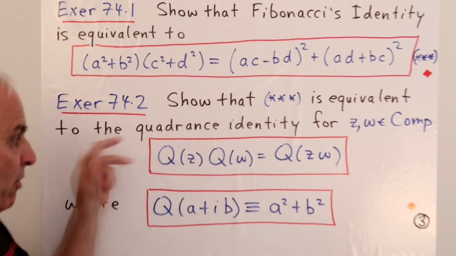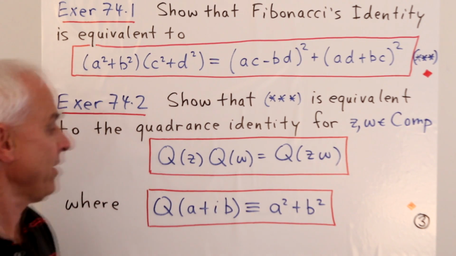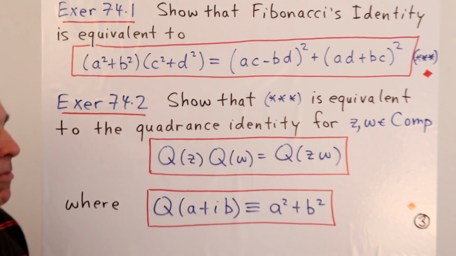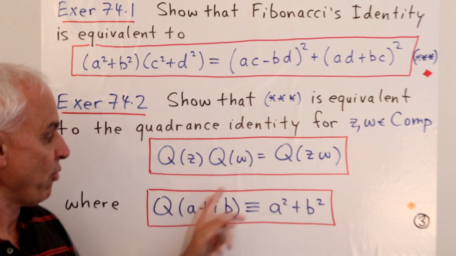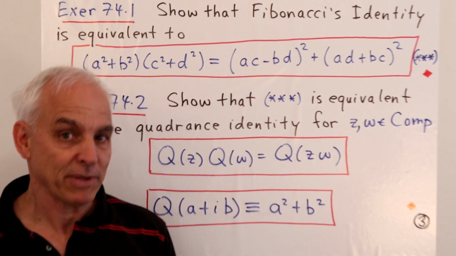This is probably the most important identity in complex number theory, and it's really equivalent to this form of Fibonacci's identity. So make sure that you understand the point here. You'll have to remind yourself what complex number multiplication is.